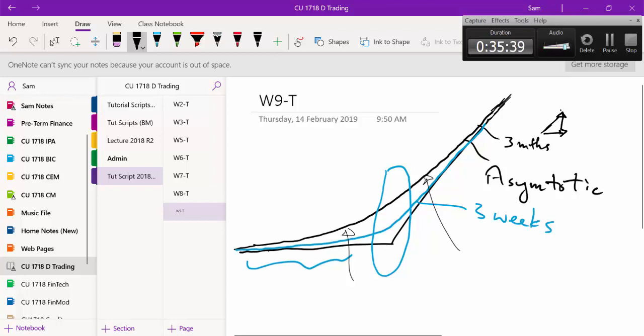And of course, the reason you get from the black line to the blue line is because of time decay or time value, like air in a balloon, and then suddenly the air is leaking out.